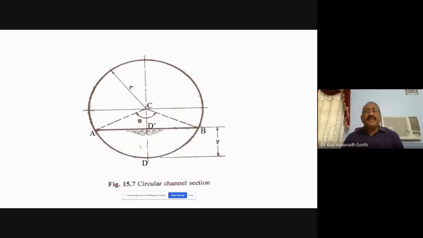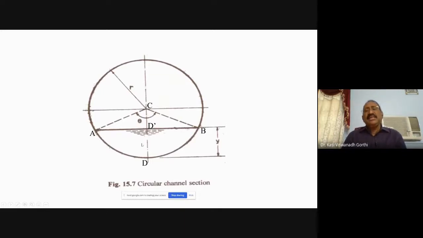Going back to the fundamental definitions, wetted area is the cross-sectional area of the flow section. In the figure, this is the entire circular channel section of which the depth of flow is y. That means the free surface is AB. So the wetted area would be the cross-sectional area of the flow section enclosed between ADBA.